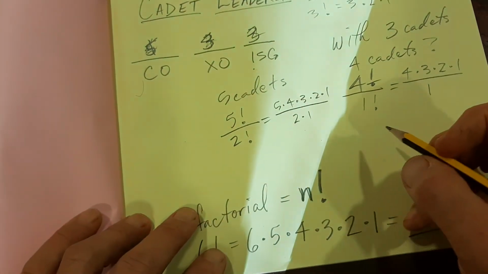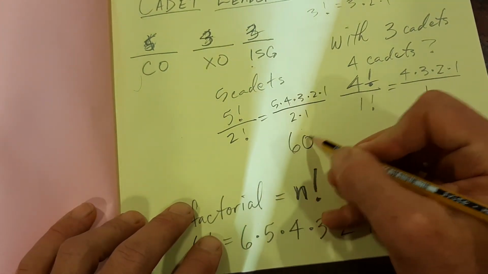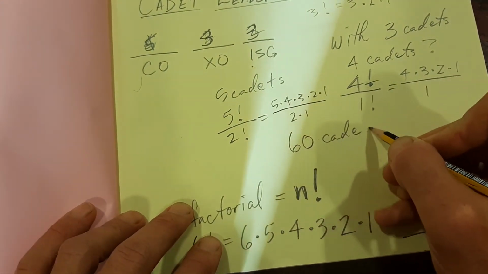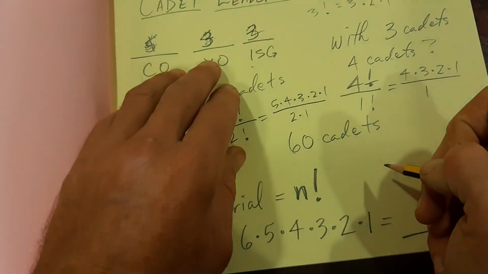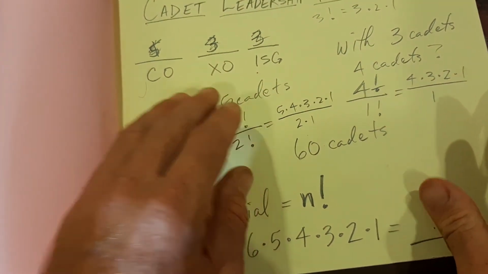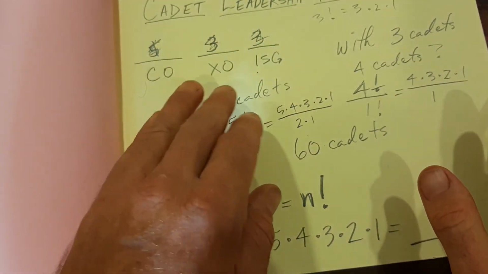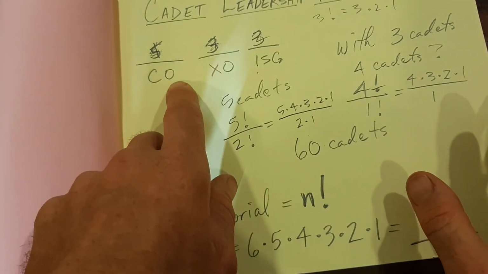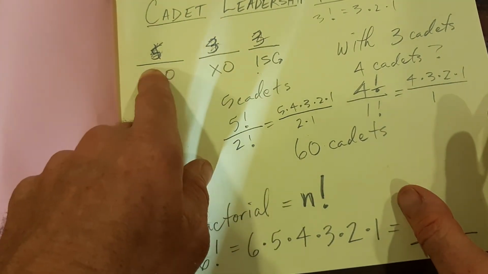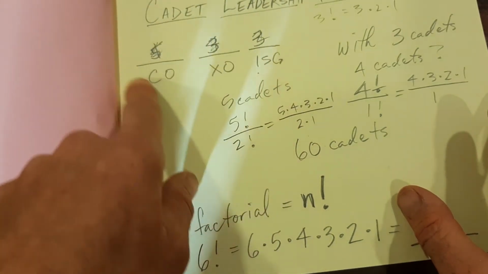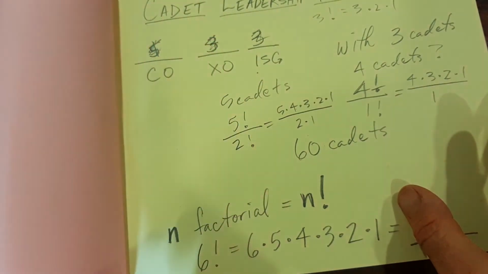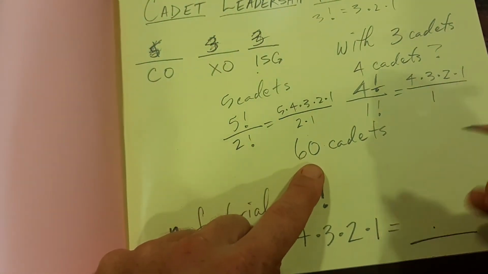So, here we go. If I have 60 cadets, how many possible combinations can I have? Permutations is actually the word, but we're not going to worry about those fancy words right now. How many different leadership structures can I have with 60 cadets, if I'm only picking 3 leaders?